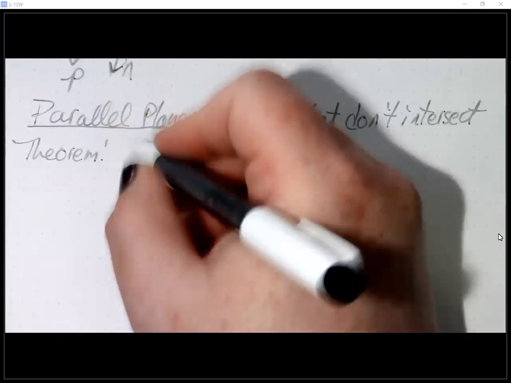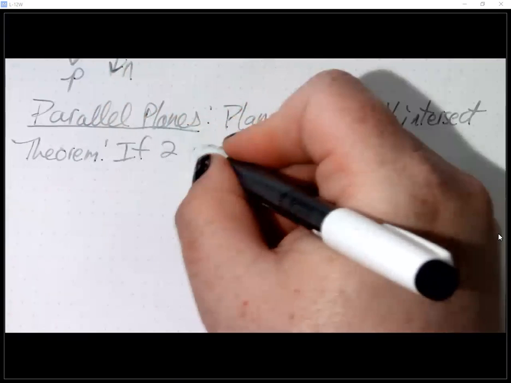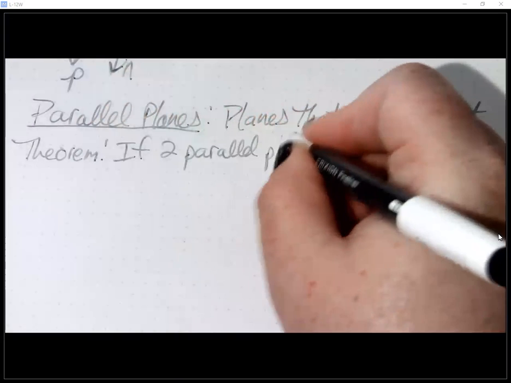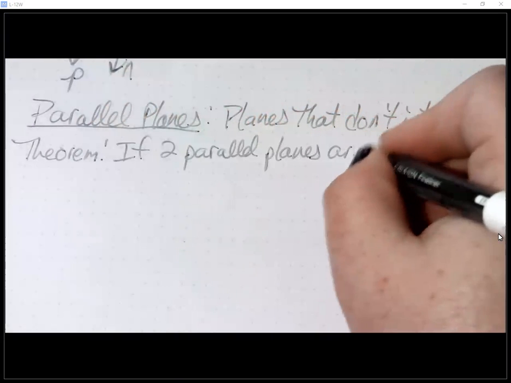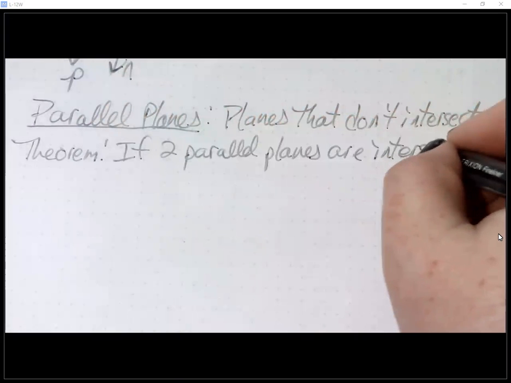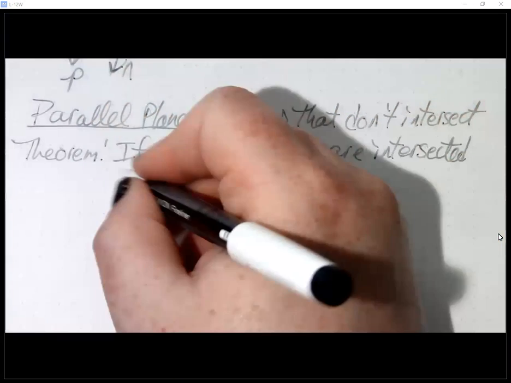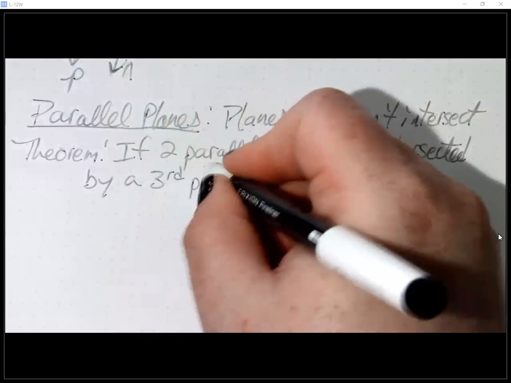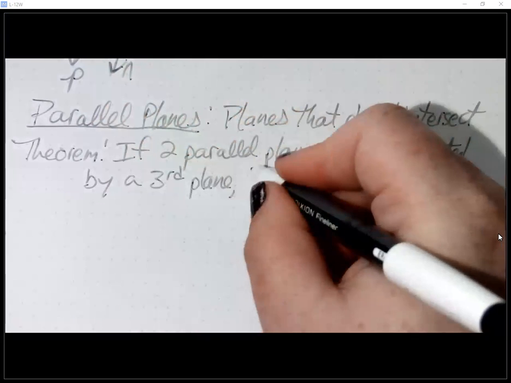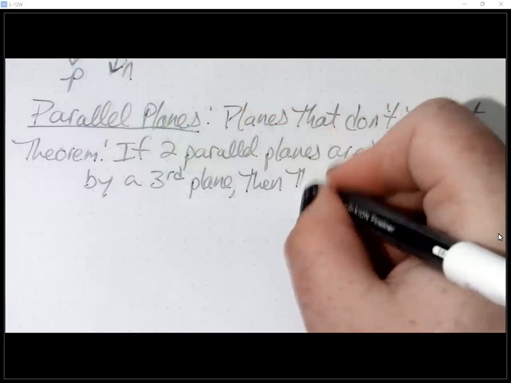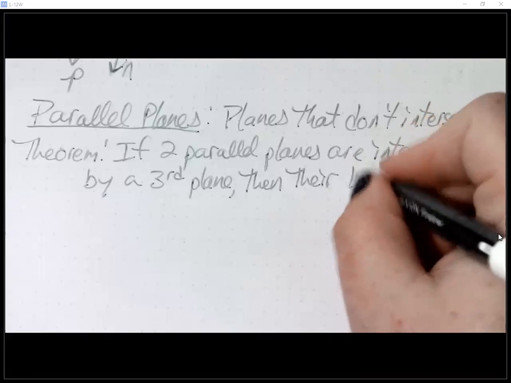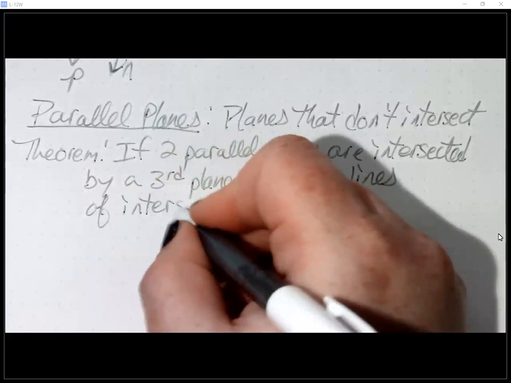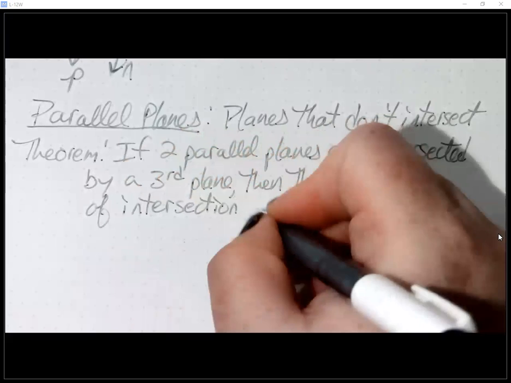So the theorem states, if two parallel planes are intersected by a third plane, then their lines of intersection... dot, dot, dot.